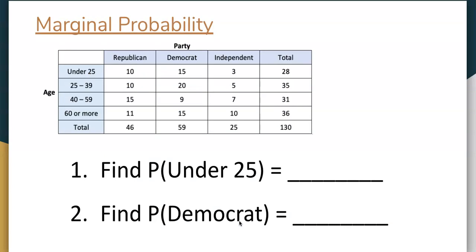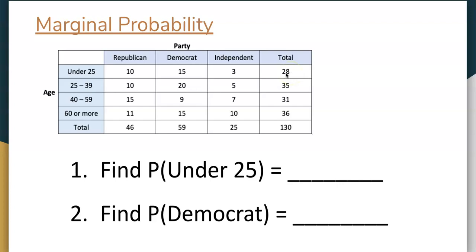Let's go ahead and find some marginal probability first, okay? So first, find the probability that a randomly chosen person is under 25. Out of 130 people total, remember we said that there were 28 people who were under 25, right?